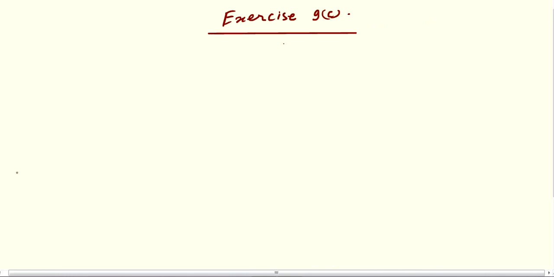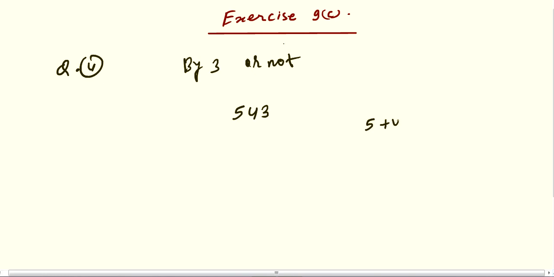Then next, question number 4. Now we have to check whether the given number is divisible by 3 or not. To check divisibility of any number by 3, we have to add the digits. For example, if we are having 543, now 543 can be written as 5 plus 4 plus 3 as per the rule.